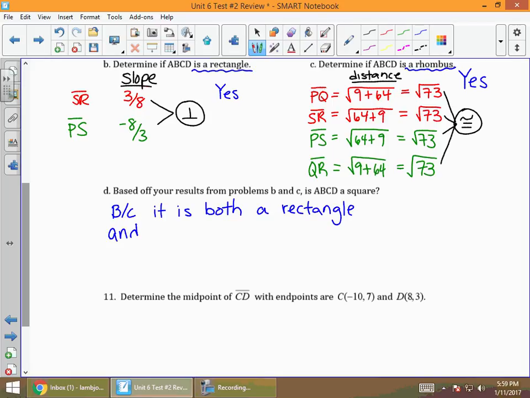Because it is both a rectangle and a rhombus, it is a square. So your answer here should have been yes, it is a square.